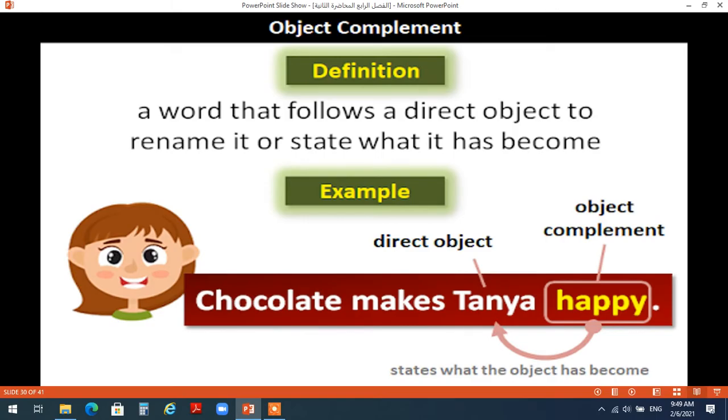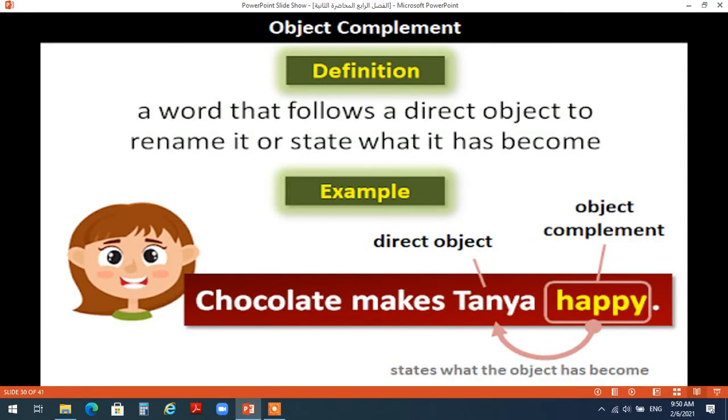So as you see here, a definition of an object complement: it is a word that follows a direct object to rename it or state what it has become. إذن هي عبارة عن كلمة تتبع المفعول به المباشر كي تعطيه وصفا معينا أو تضيف معلومة جديدة تخص المفعول به المباشر. For example, chocolate makes Tanya happy.